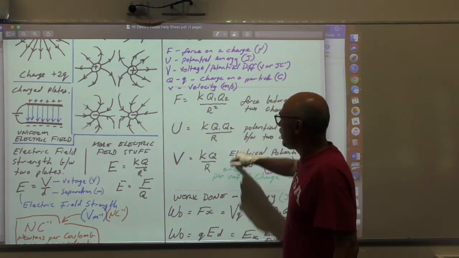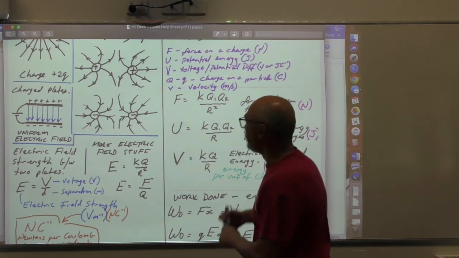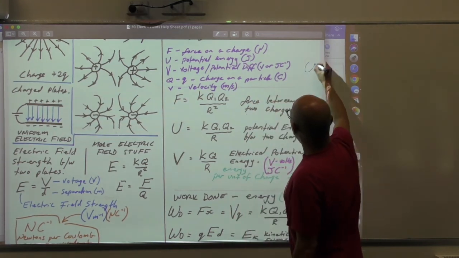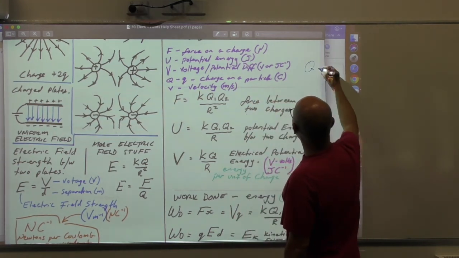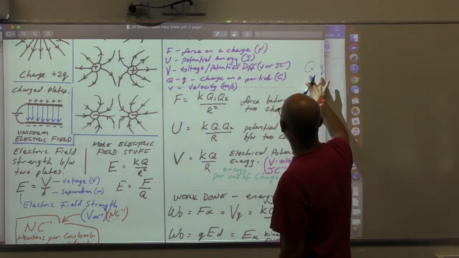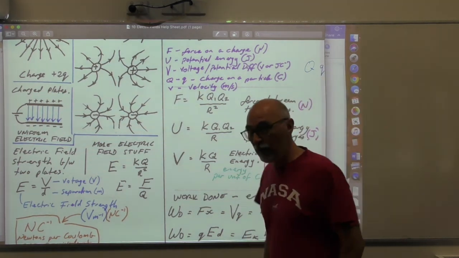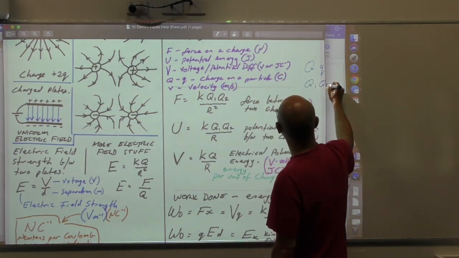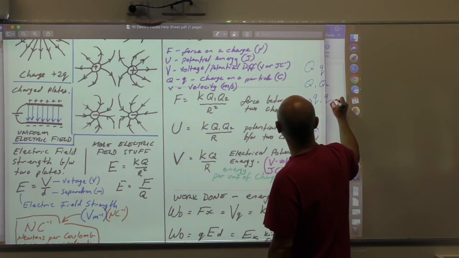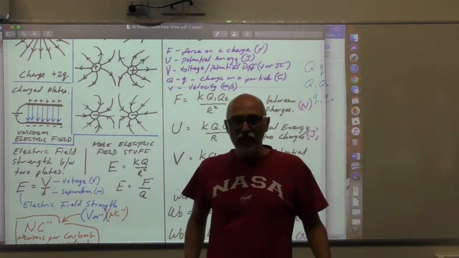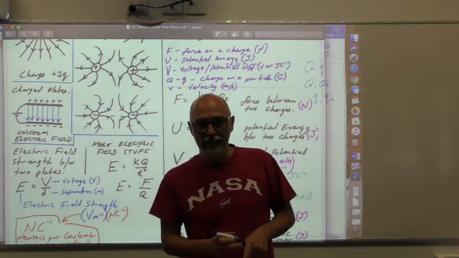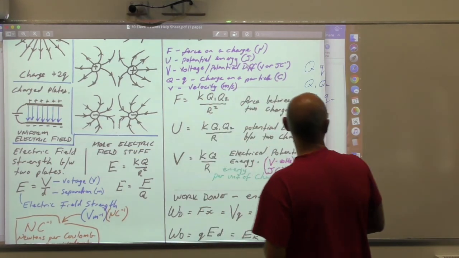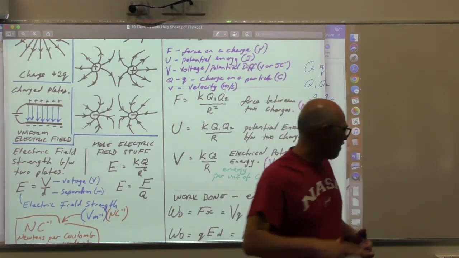They might use Q and little q to denote that those 2 charges are not the same, not equal. Sometimes you'll see Q1 and Q2, or little q1 and little q2. It's Q, it's charge. That's all it really is, so don't get confused over that.